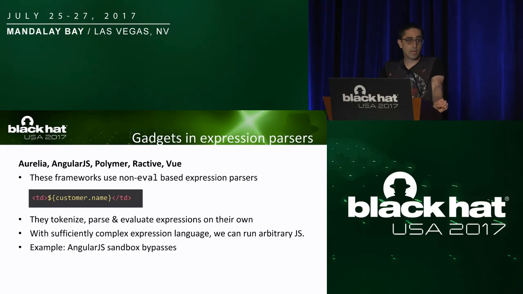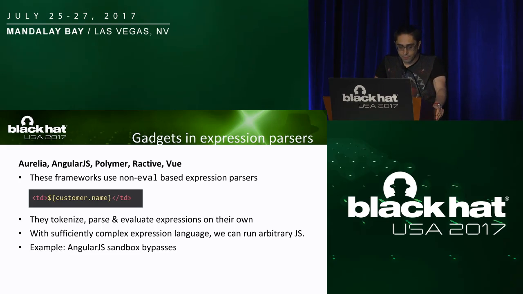This is some custom language created by the Aurelia framework, that gets parsed by Aurelia and then later on evaluated. So what Aurelia does is it creates a chain of functions that will eventually fetch the name property of some customer object and then insert it using innerHTML or innerText into this TD element.